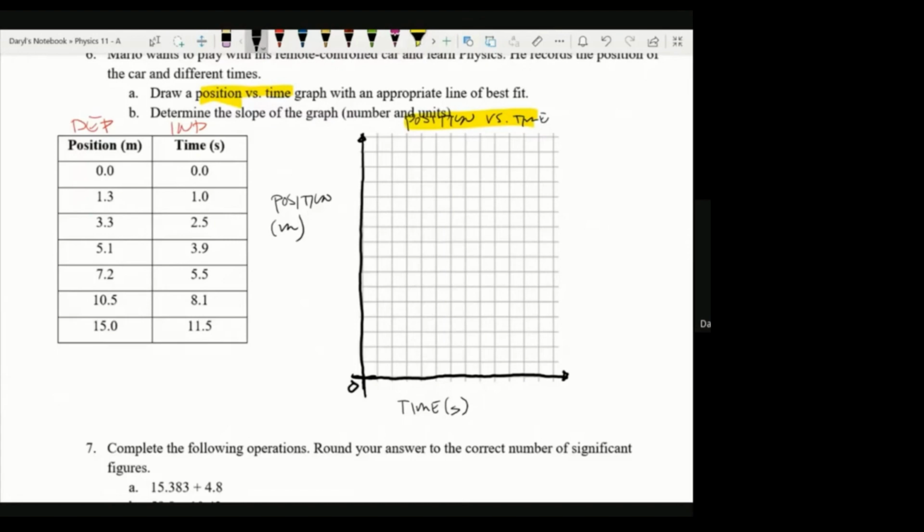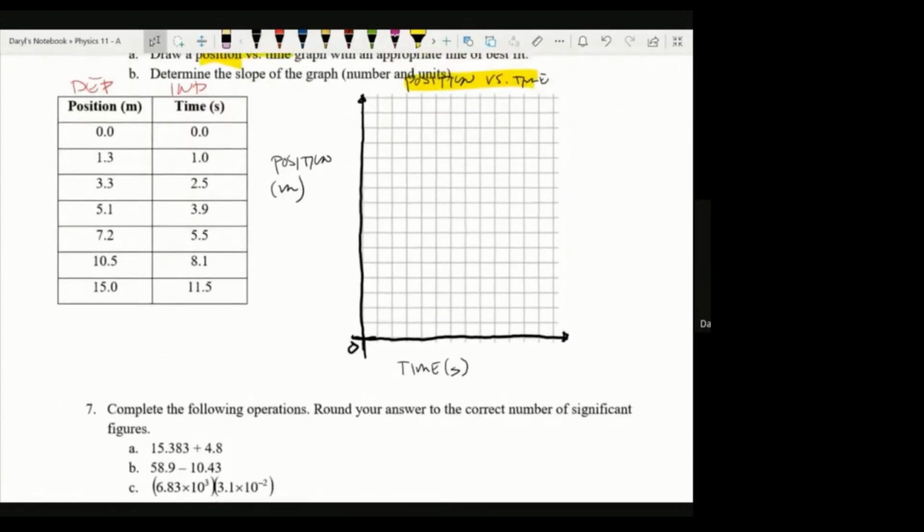Now, before I can plot, I need to have my scale for both x and y, or for both time and position. So if I look at the time, the maximum is 11.5, and the minimum is 0. Depending on the space that you're given, just try to take note.